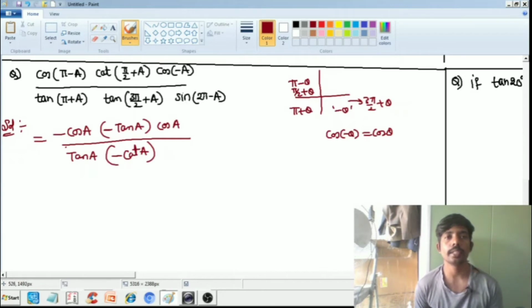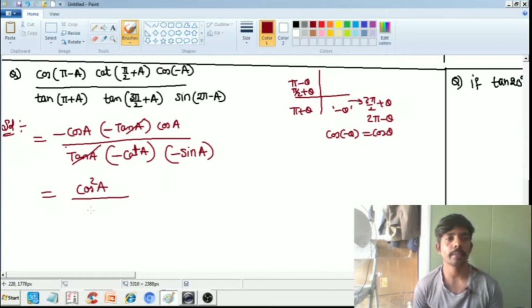Next, 2 pi minus theta means fourth quadrant. In the fourth quadrant sine is negative, so minus sine a. Here tan cancels. Minus into minus is plus, so cos square a by... minus into minus is plus.